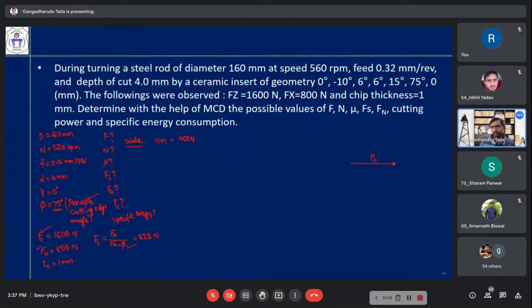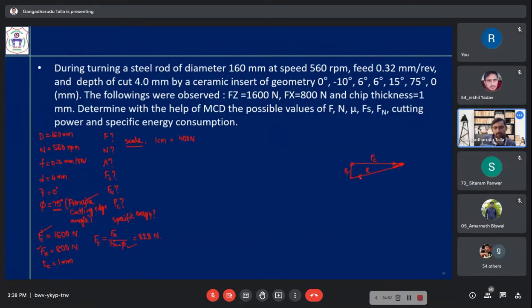Then Ft you draw vertically at this end. Now you can join these two ends and find the resultant force R.